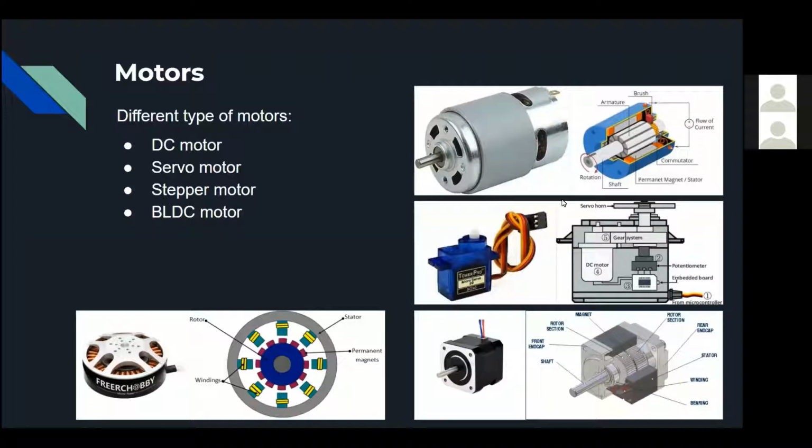Apart from that, one more major difference is that servo motors will have gear systems. Most of the servo motors will have gear systems because smaller motors are used in most cases. Whereas in the stepper motor, most of the time there won't be any gear systems.